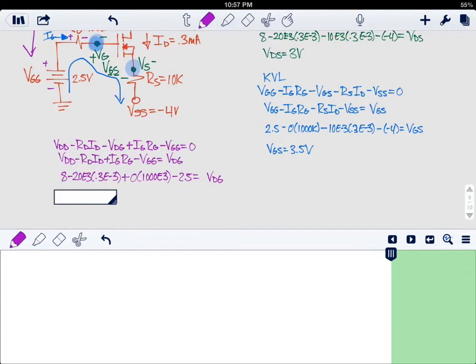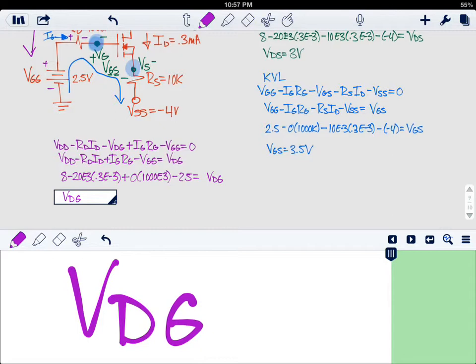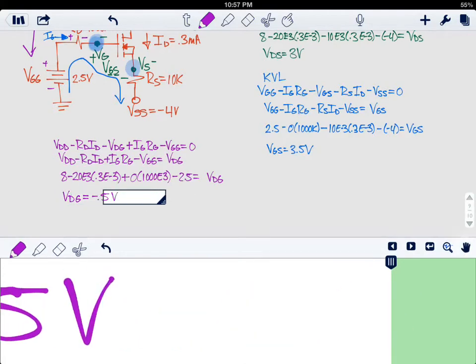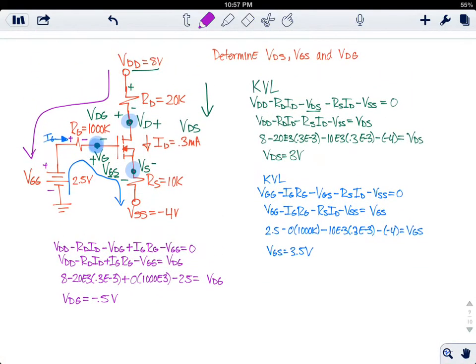We get that the drain to gate voltage is equal to negative 0.5 volts. And that is one of the ways that you could find these three voltages. In our next tutorial, our next video, I'll explain the other way you can find them.